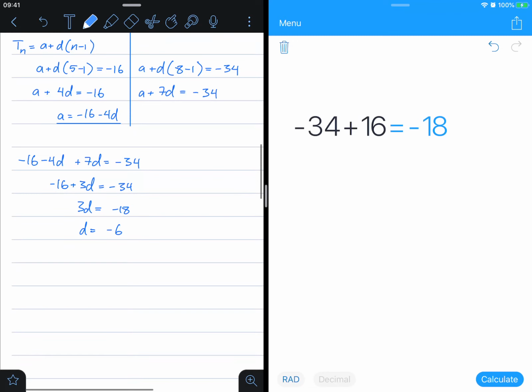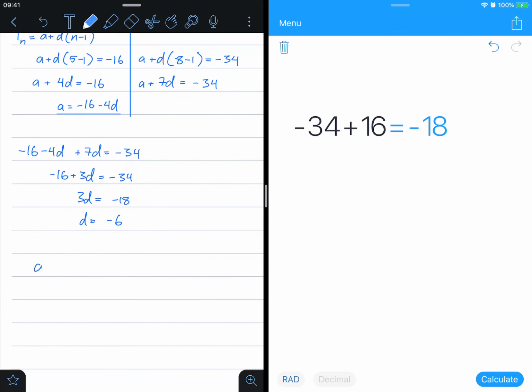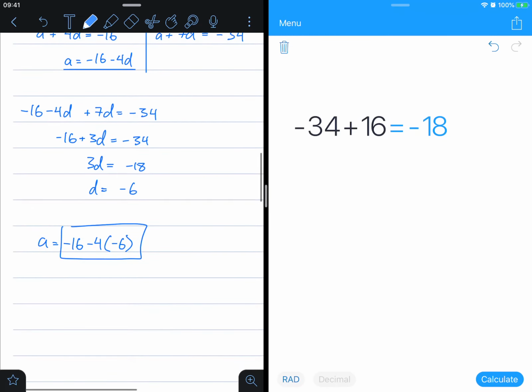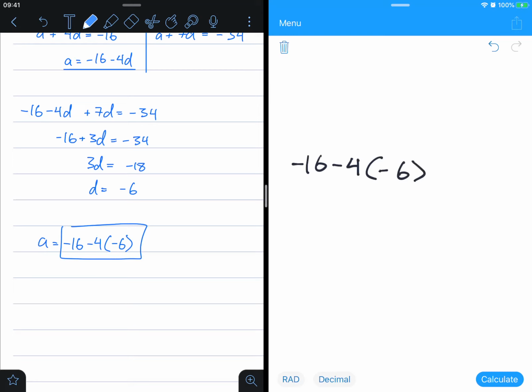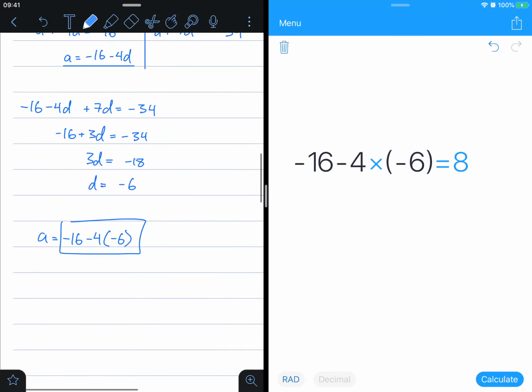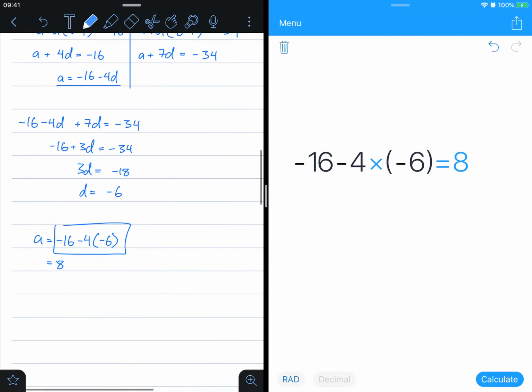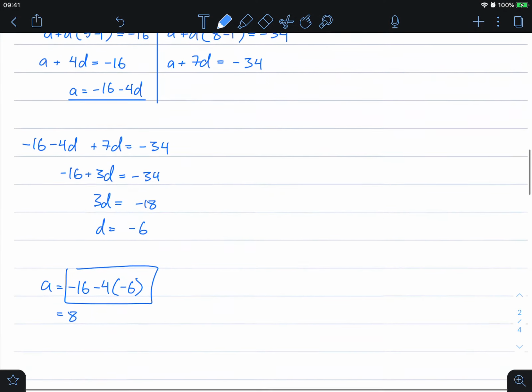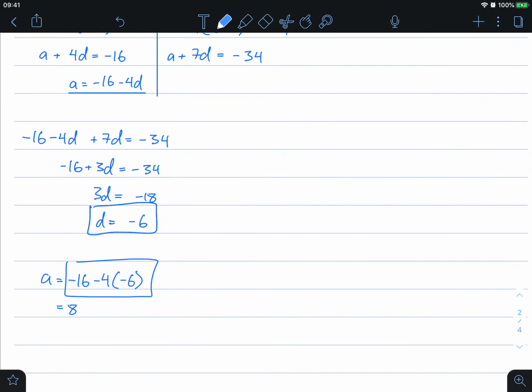And from this, we can find the first term. a equals negative 16 minus 4 times negative 6. I'm taking this one from this expression. So negative 16 minus 4 times negative 6, we get the first term being 8. So we now have an expression for a and d.